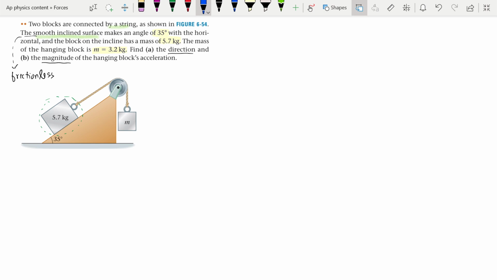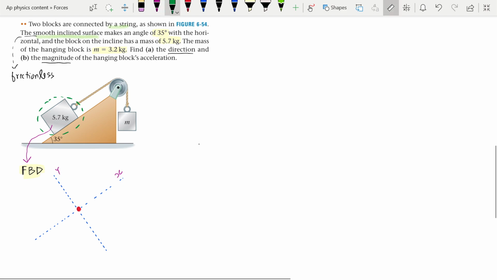Since it's placed on the ramp, our rectangular coordinate system will be tilted like this. So I can consider this the x-axis and this the y-axis, and we assume this is the 5.7 kilogram block placed at this point.